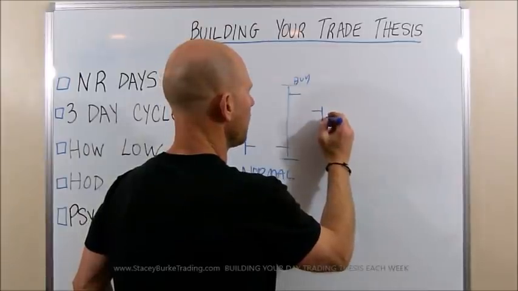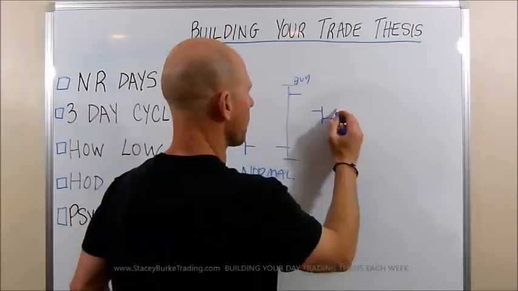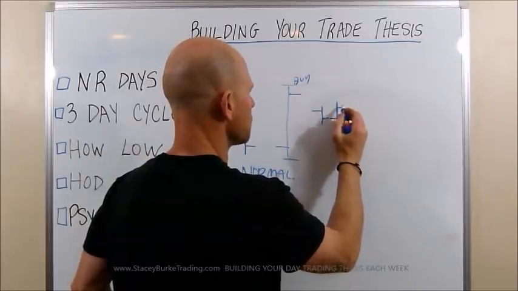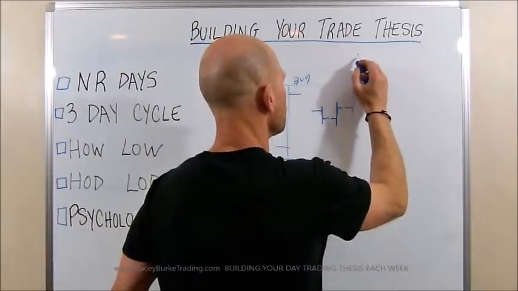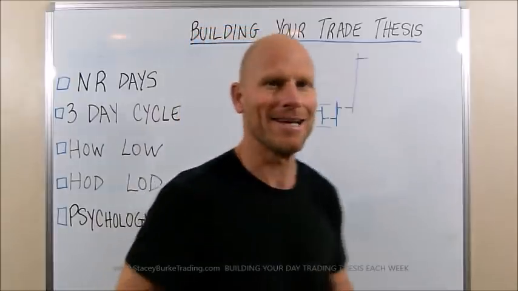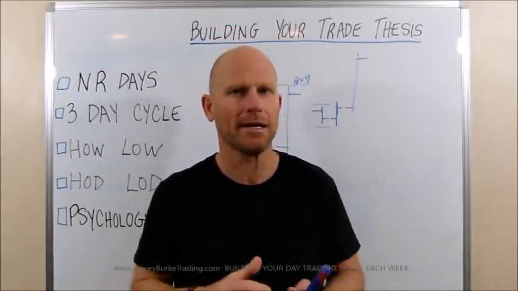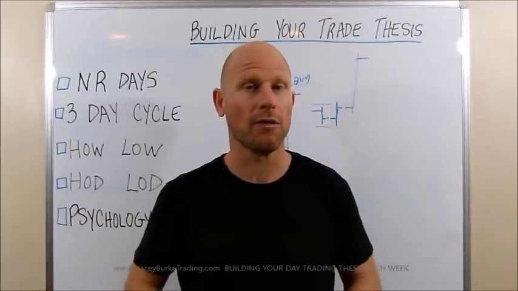But if you're buying on a narrow range day, right before the market potentially is about to break out for a large move, these are the days that can help us identify when the market's compressing for a potentially bigger move. Those are the days that when it takes off, it trends for the entire day.